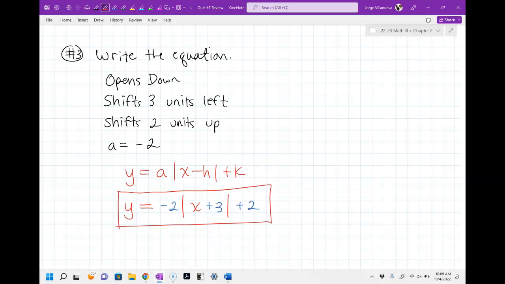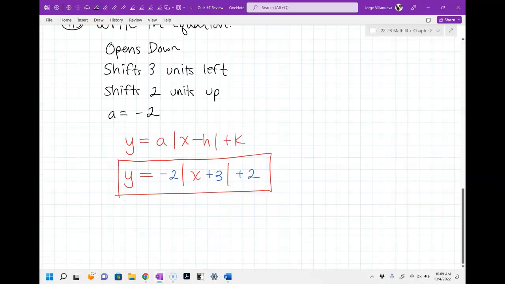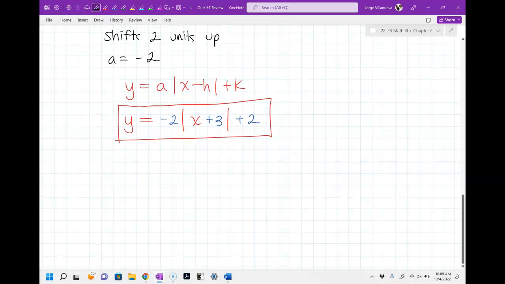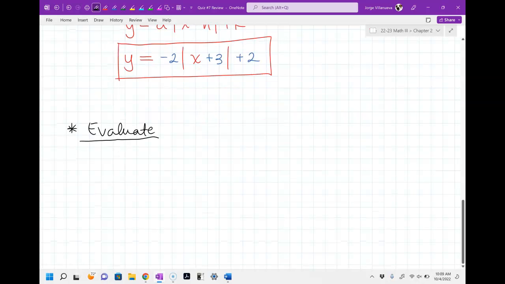Now, the back page has the problems where you plug stuff in. So function notation. So I'm just going to put evaluate as the main instruction. And here's number 4.